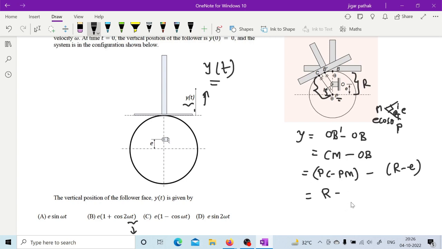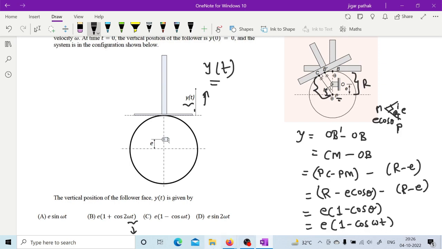So R minus E cos theta, minus R minus E. If you simplify this, you get E minus E cos theta, that means E into 1 minus cos theta. Now theta is omega t, so E into 1 minus cos omega t will be your y. So that is the answer C, right? So everyone is getting the same.